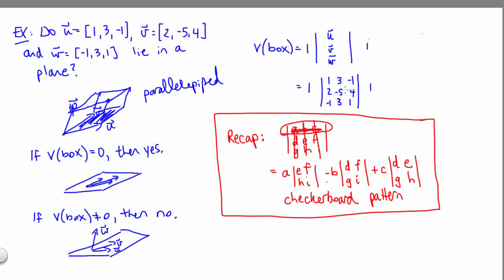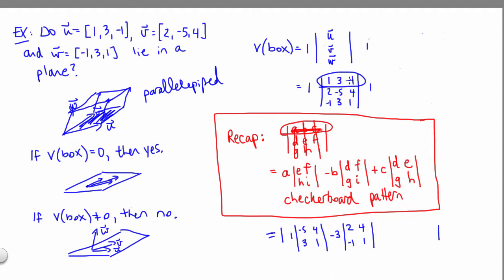So going back to the volume of the box, we've got the absolute value of, well, we're going to go 1 times the following determinant. The matrix will consist of negative 5, 4, 3, 1. And remembering that checkerboard pattern as we expand along the top row, we're now going to go minus 3 times the following determinant, 2, 4, negative 1, 1.